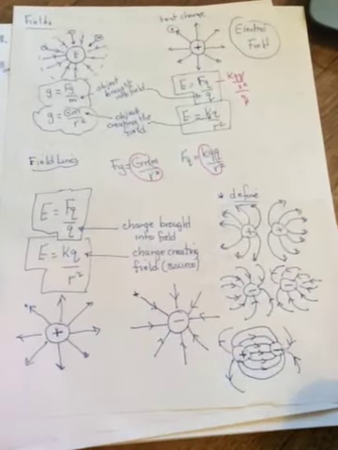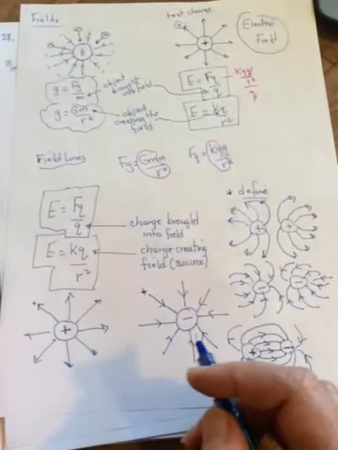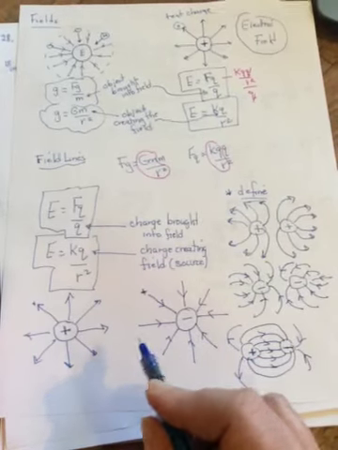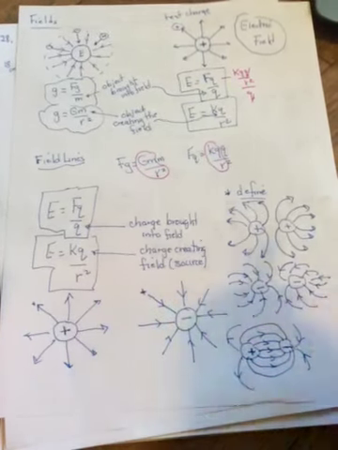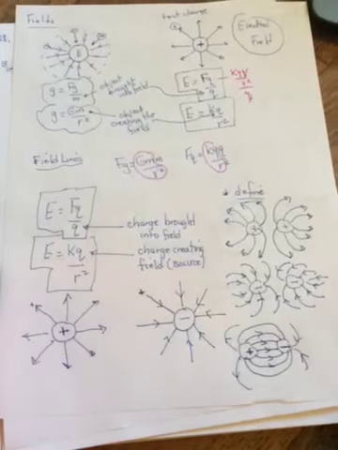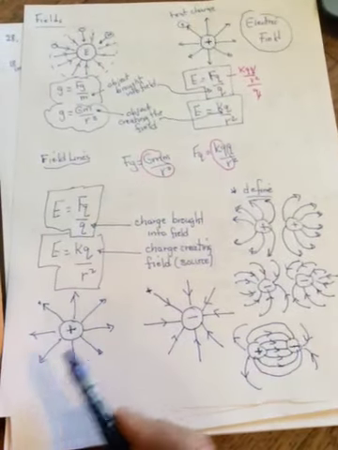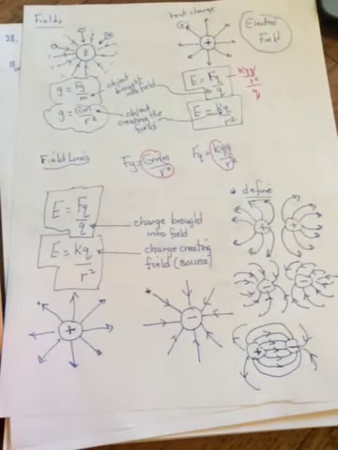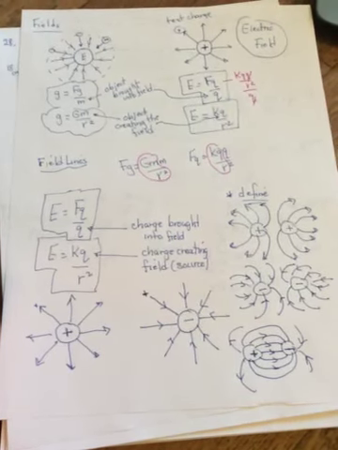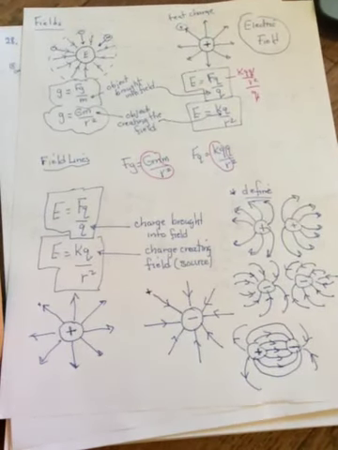Okay, now an interesting thing to note. We always talk about a positive source or a positive test charge, and that's how we define these field lines. So they're not changing. The direction of the field lines is set around a positive charge or around a negative charge.